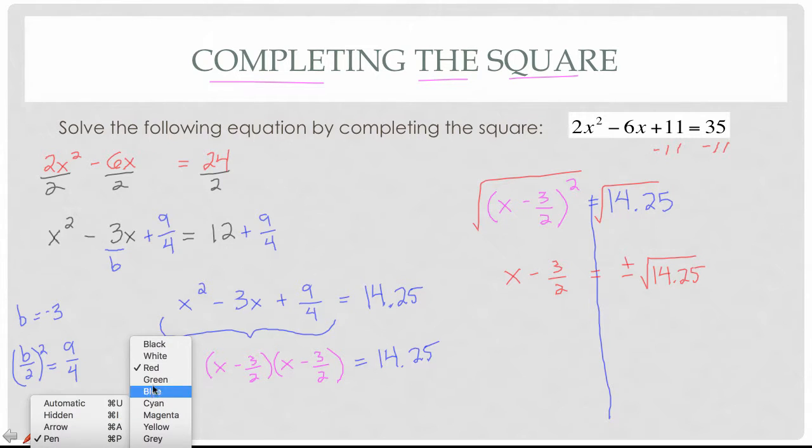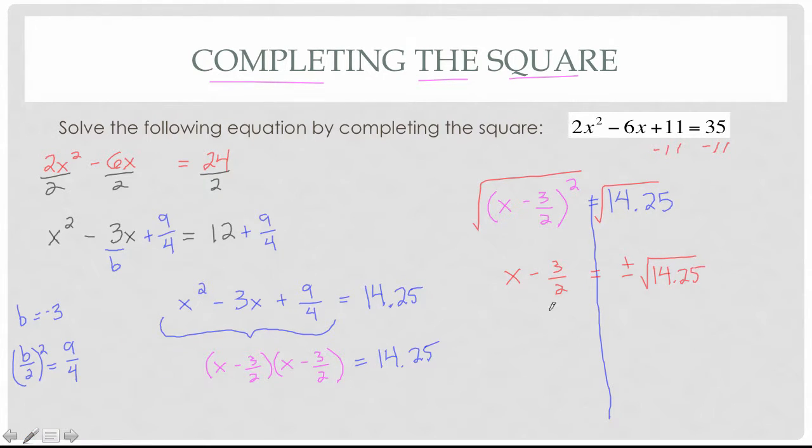And now let's add 3/2 to both sides, and that'll give me x. Minus 3/2 plus 3/2, so x equals, and I got to add 3/2 to the right side as well. X equals 3/2 plus or minus the square root of 14.25.